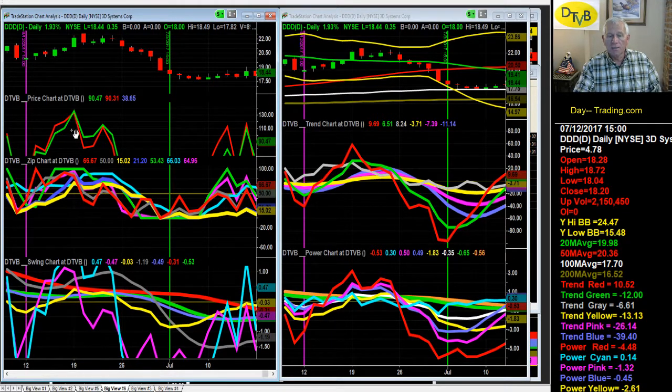It's just like zip green being highest. That took the position of being highest, and with that condition, it then gives us the information to say it is possible for prices to go down next day. It could go up. That's possible.